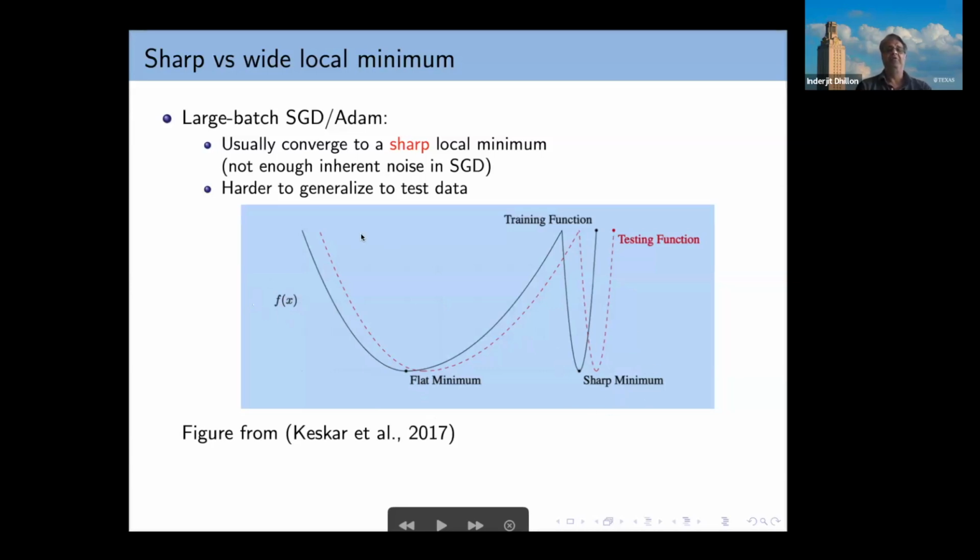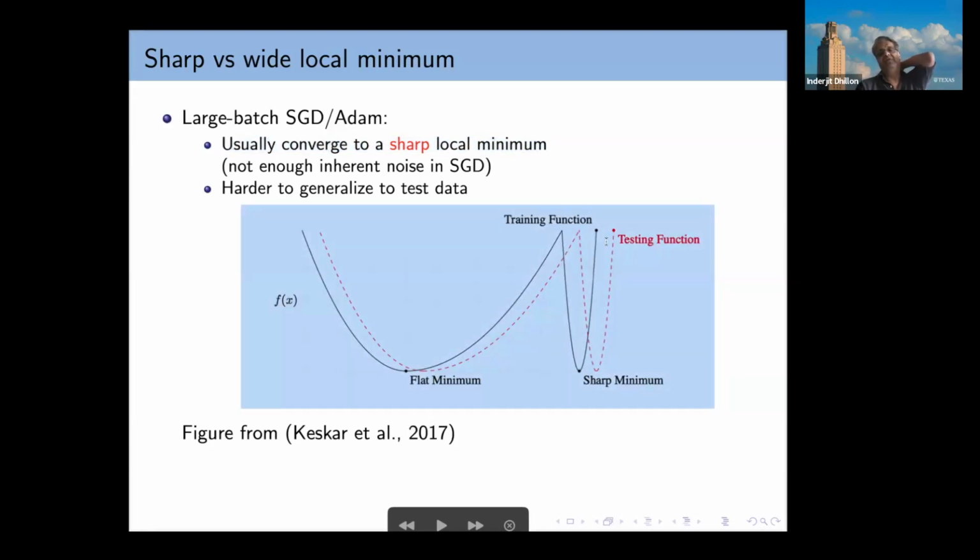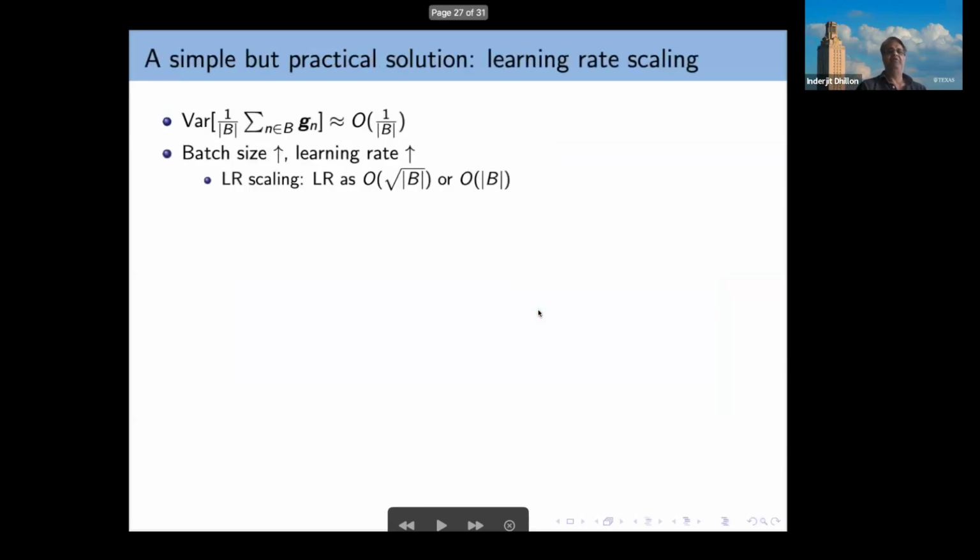The study said that large batch SGD or Adam converges to what's called a sharp local minima, which is very sharp over here on the right side. You're not in a very smooth, gradually increasing, gradually decreasing minima. So if you deviate a little bit from it, you might get much higher loss values, and training can end up being a little bit unstable, okay?